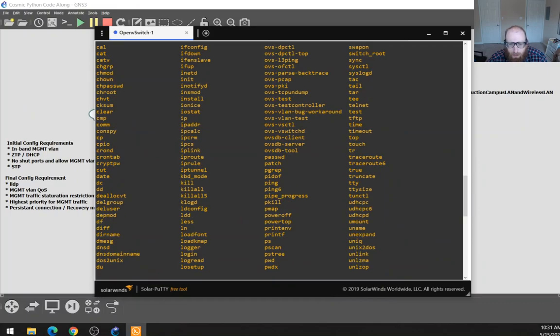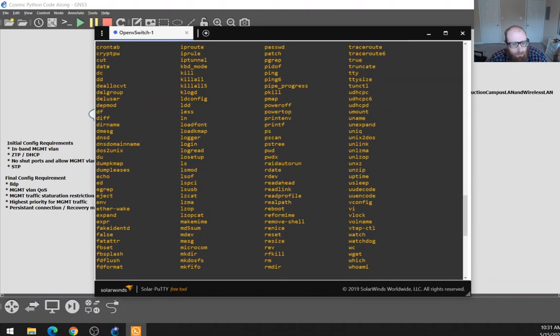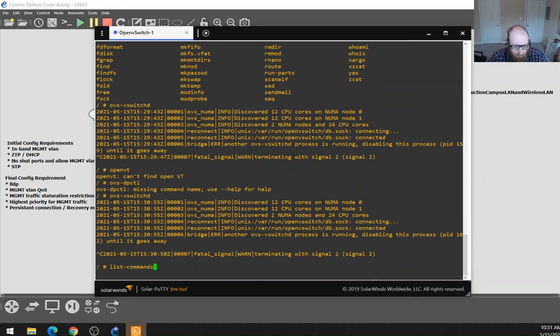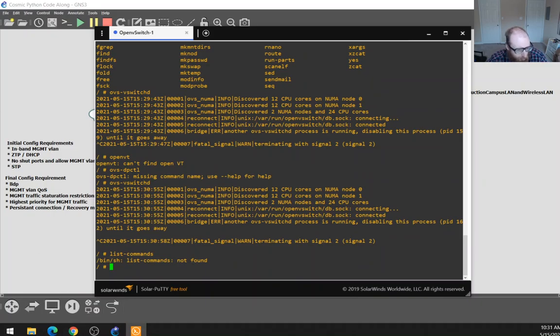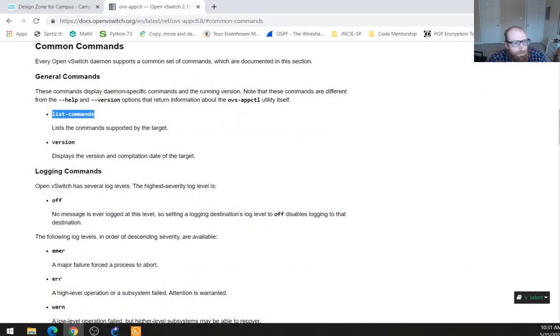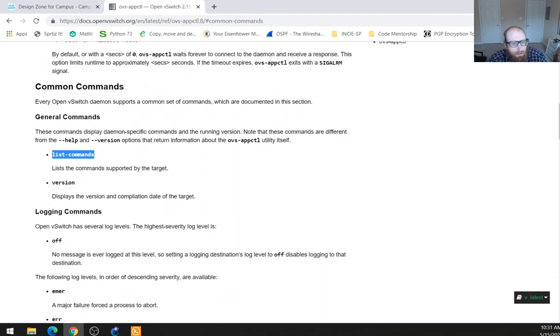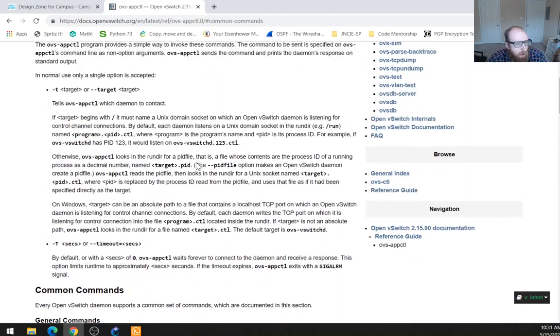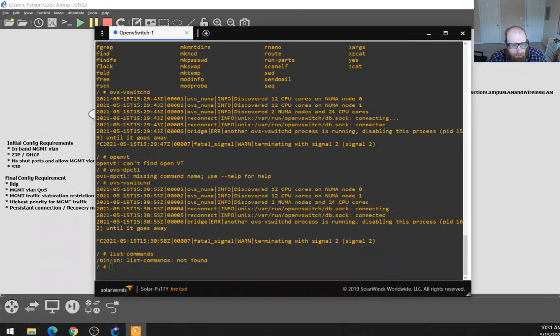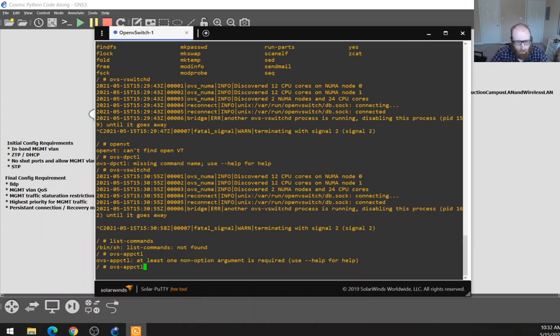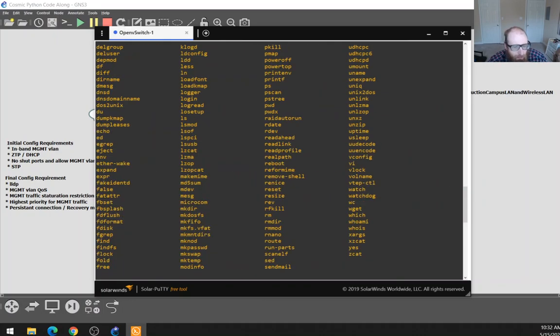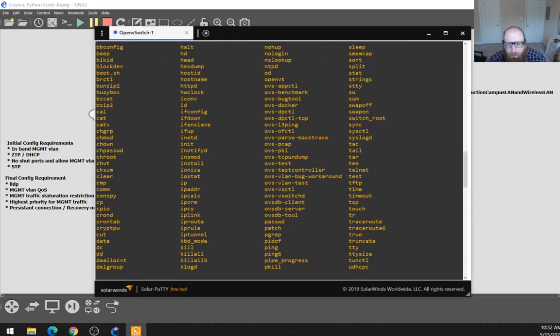I'm surprised I didn't see that in there. Maybe it's just hidden. No, it's not in there. Yeah, that's not a real command. Ah, here we go, ap-ctl. So yeah, it was this one that I was looking for. Perfect.